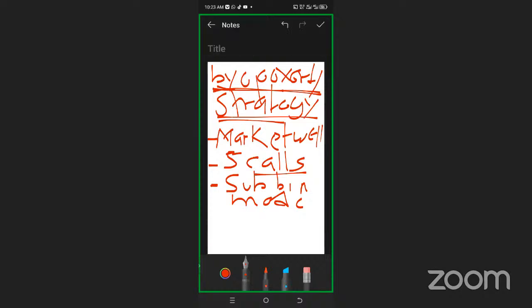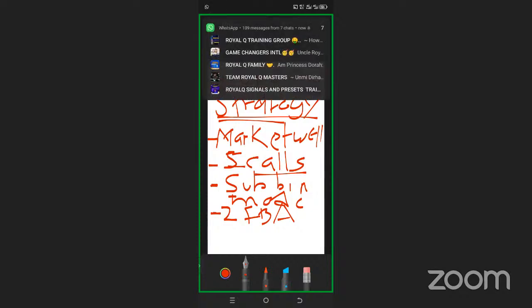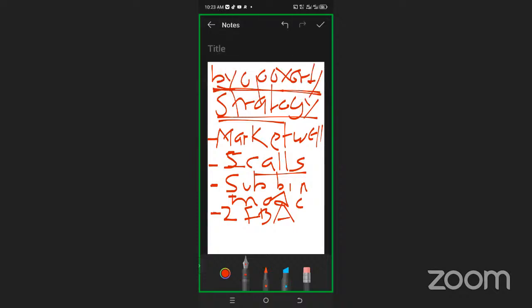Then, what you should also know about this strategy is that the number of margin calls is 5. Then, the market is well. It has 2 first buy-in amounts, whereby you start with 1 first buy-in amount, and if the robot buys, you change to another first buy-in amount. You should note that.